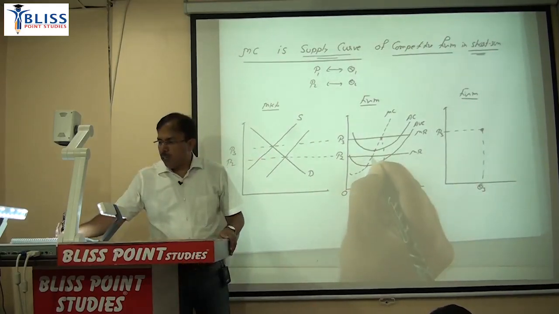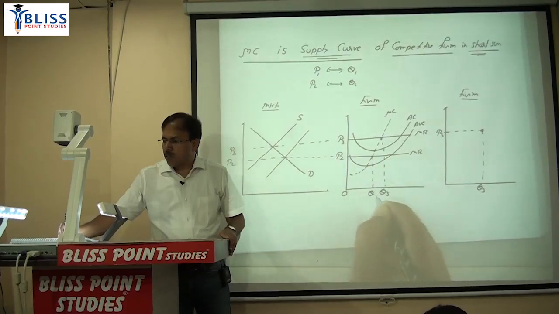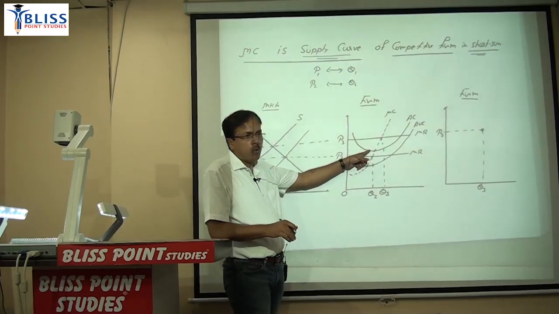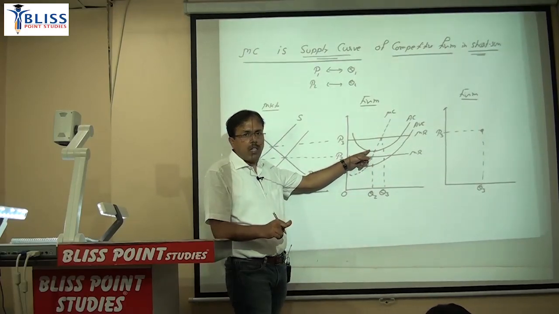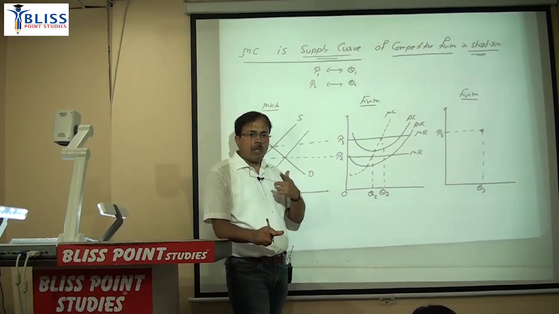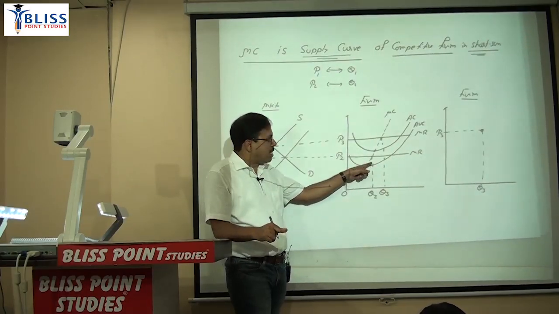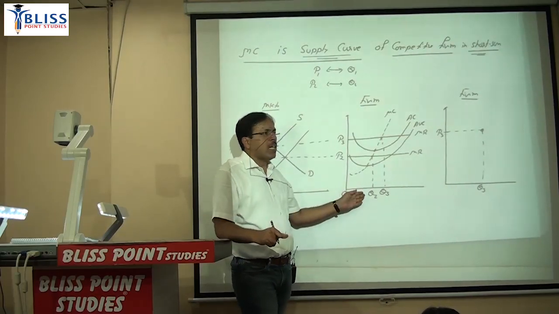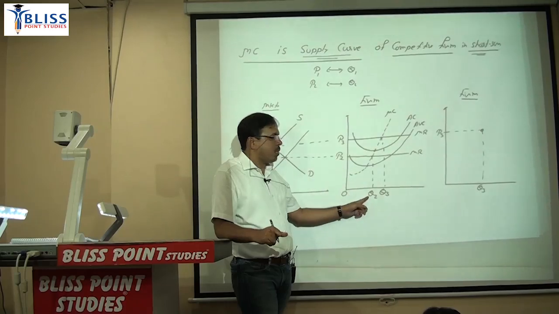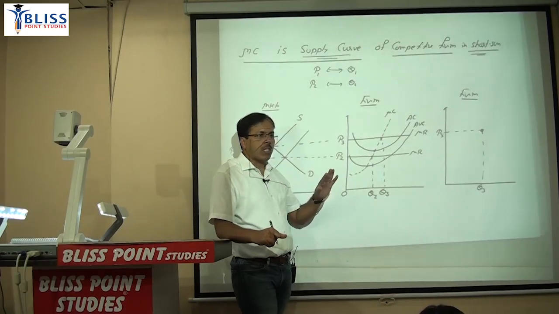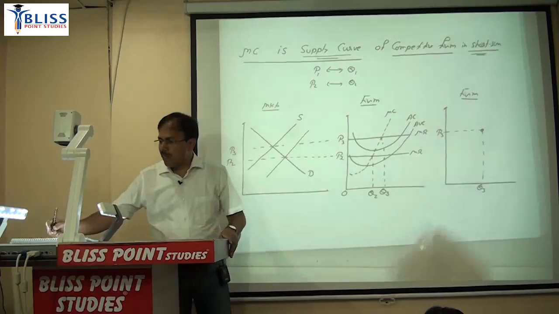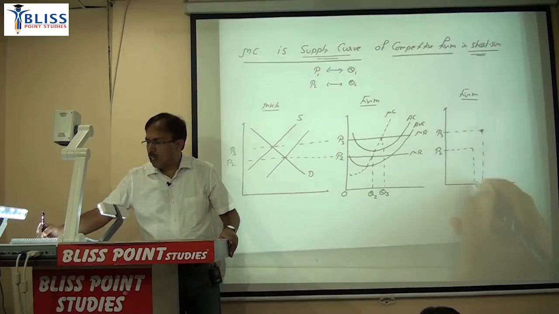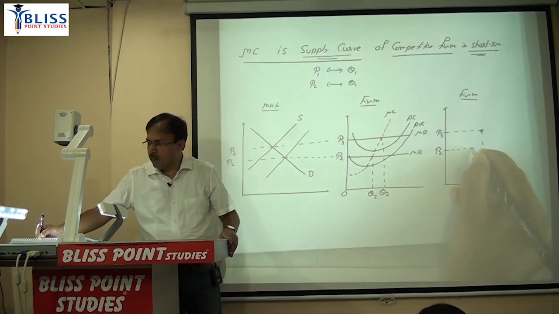Corresponding to this quantity, price is less, average cost is more, so there is loss, but despite loss firm will operate because AVC is less and price is more. So at price P2, quantity supplied is Q2. You get second point.